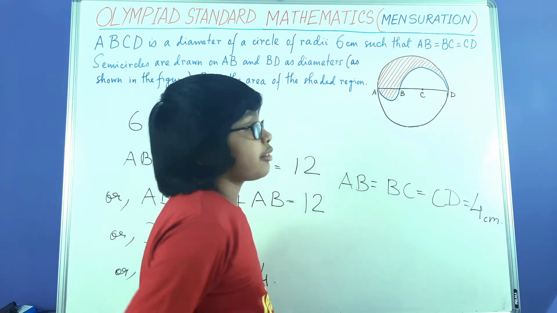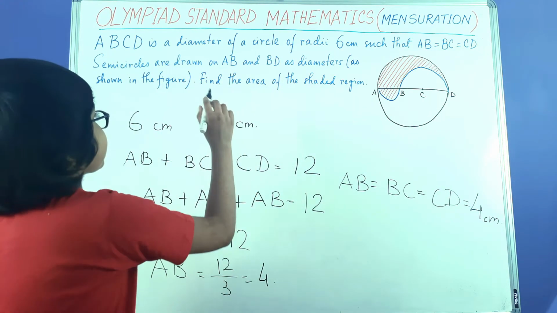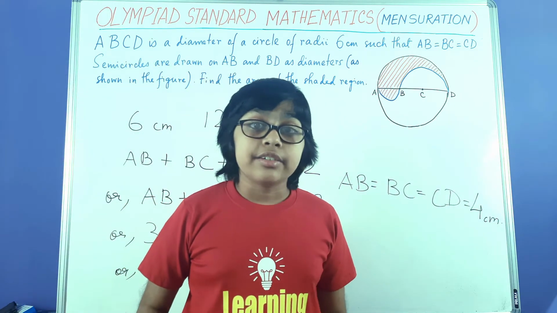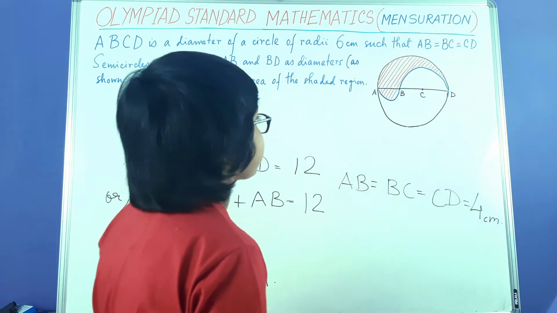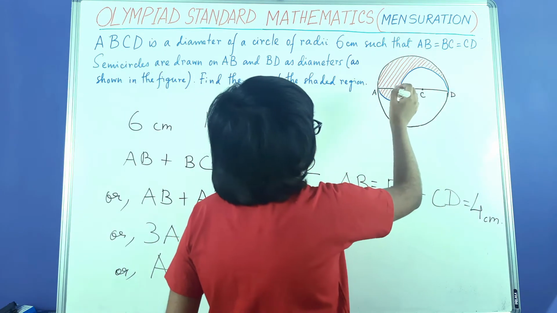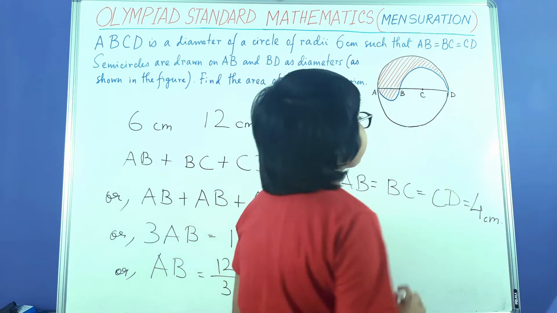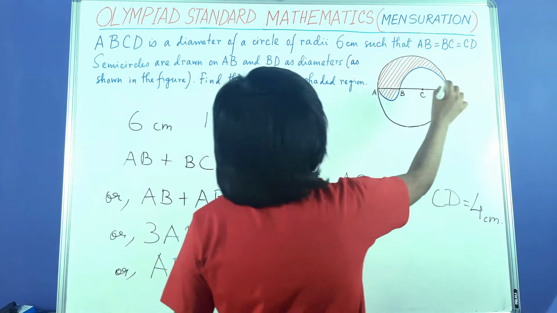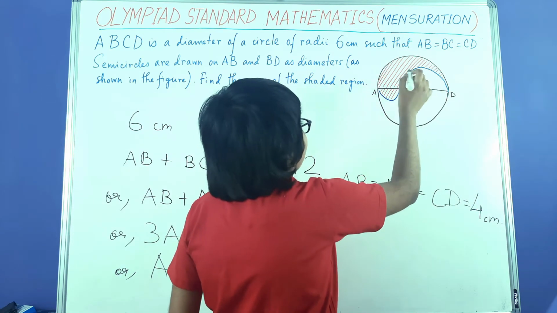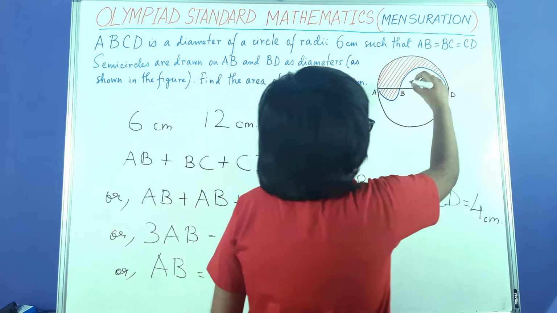With this value, now we can move on to finding the main thing in our sum, the area of the shaded region. To do that, we need to get the areas of certain semicircles. First, the main semicircle with diameter AD has to be found. Then the middle-sized semicircle's area, which is not shaded.